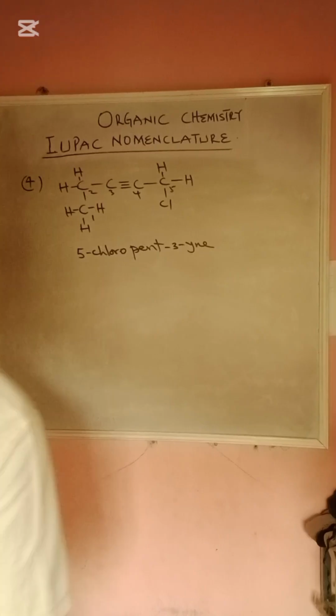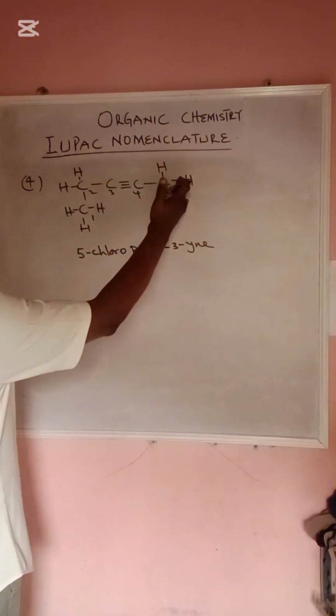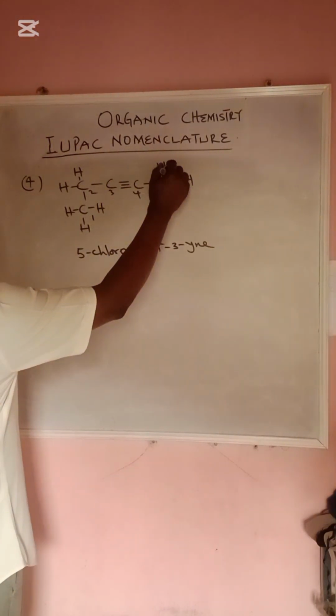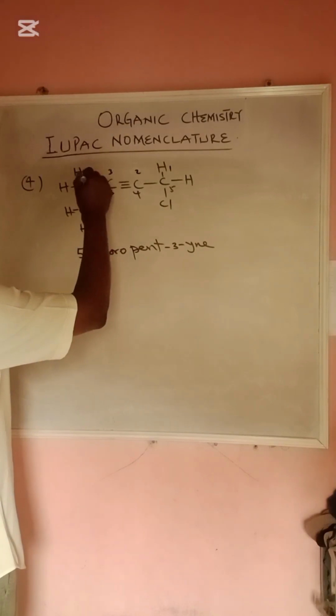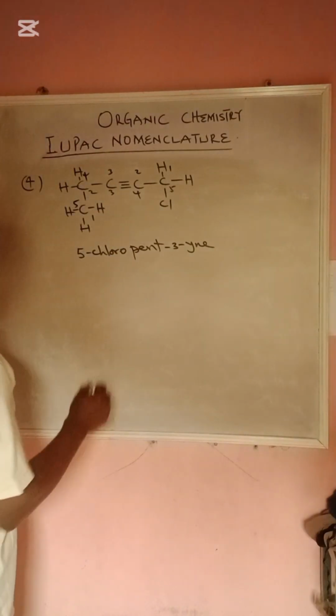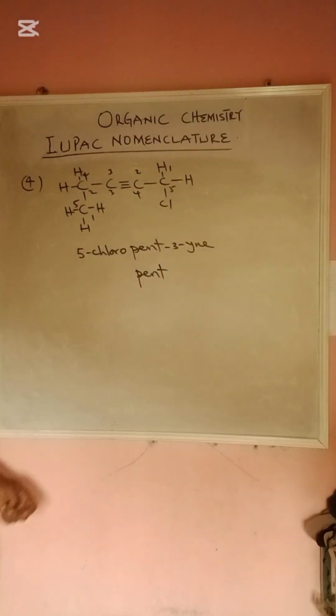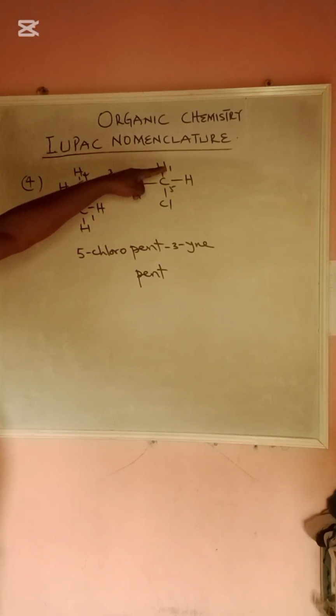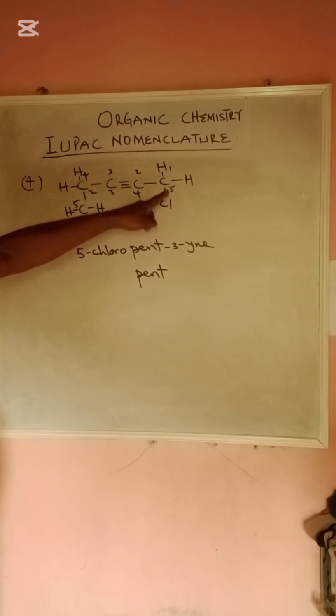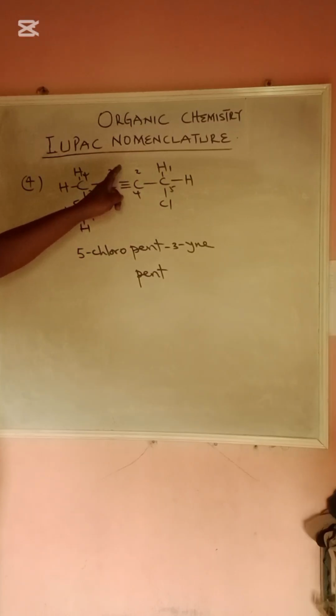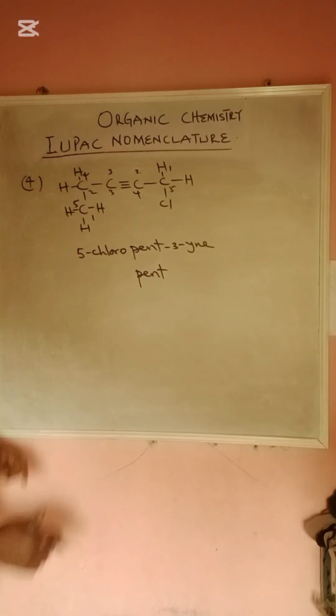Let's count from right to left. 1, 2, 3, 4, 5. So we still have pent. The double bond is between 2 and 3, so I'll take 2.